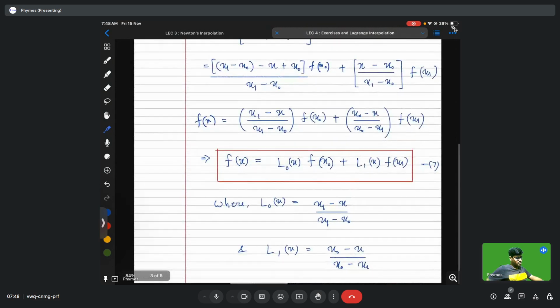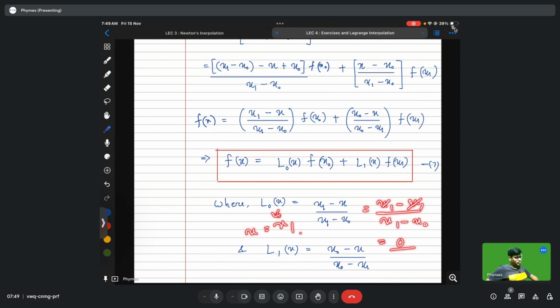When x is not equal to xi, suppose this x is now x1. Then what will happen? It will become x1 minus x1 divided by x1 minus x0. So here this x1 minus x1 will give you 0 divided by x1 minus x0, so the value will be 0.